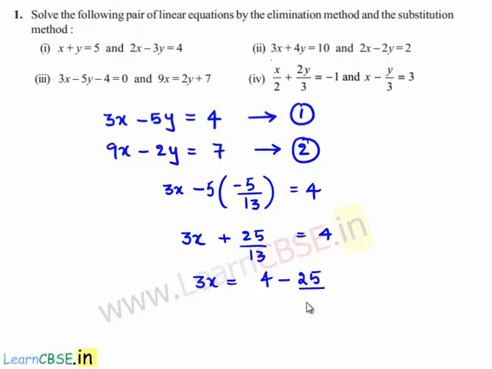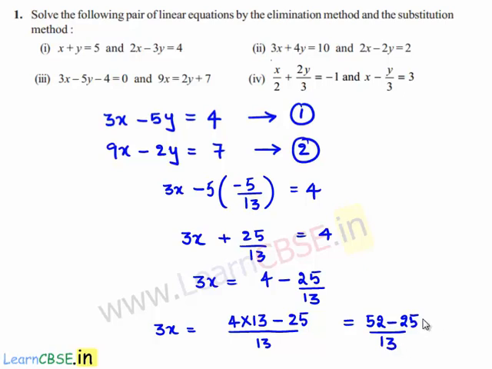that is 3x is equal to, now here the LCM is 13, we'll be getting 4 times of 13 minus 25, and 4 times of 13 is nothing but 52. This is minus 25 divided by 13. 52 minus 25 is nothing but 27, and this is divided by 13.